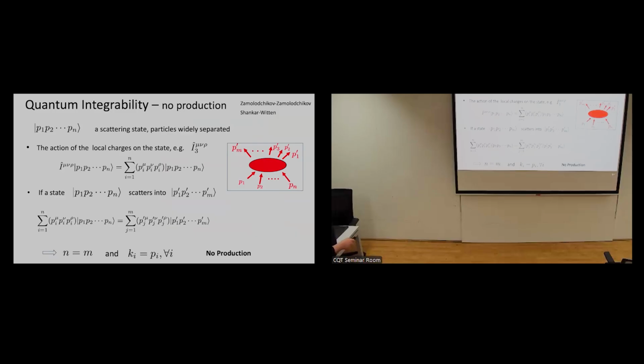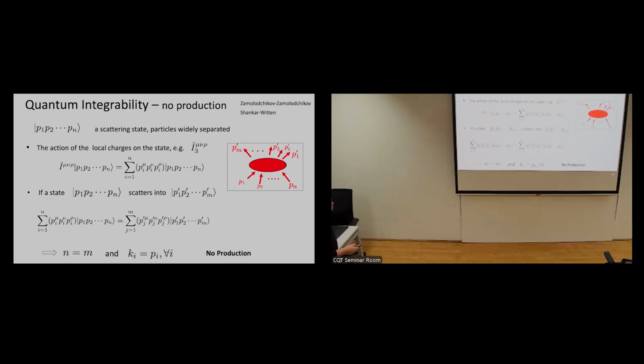And notice that since this is a local charge, a local density, it will sample each of them separately, and therefore its action on the scattering state will be that it gives me this expression with each particle's contribution separately, namely separately from here, from here, from here.